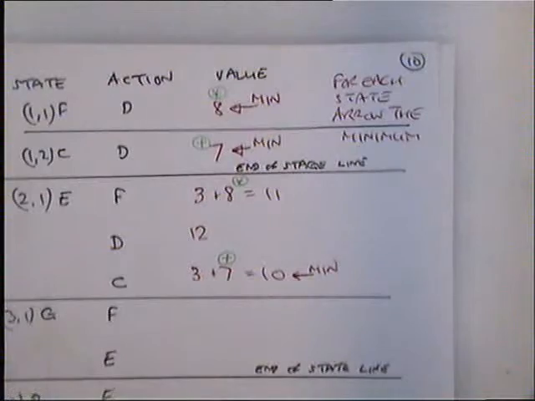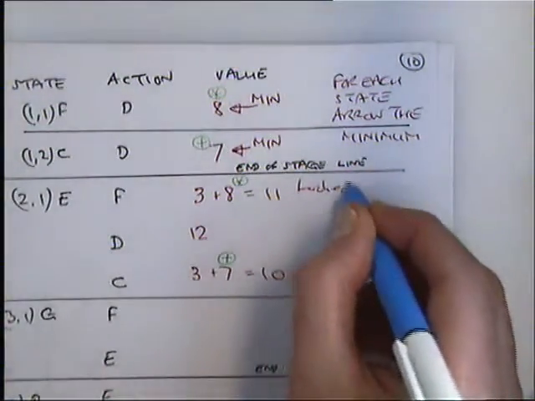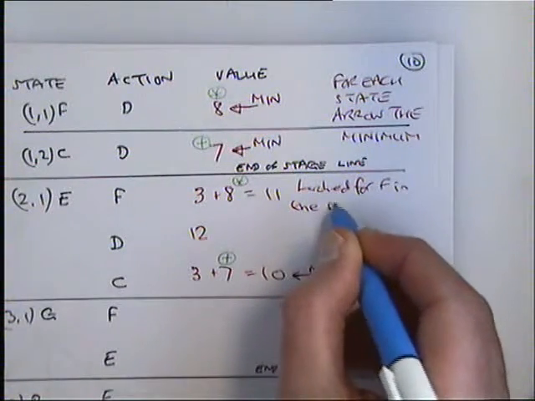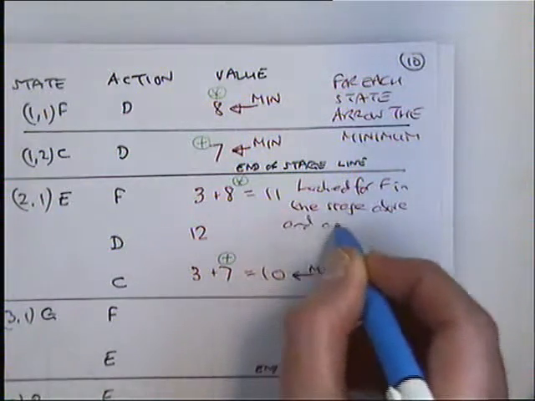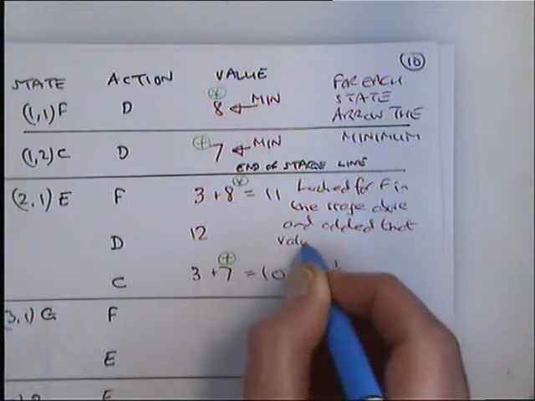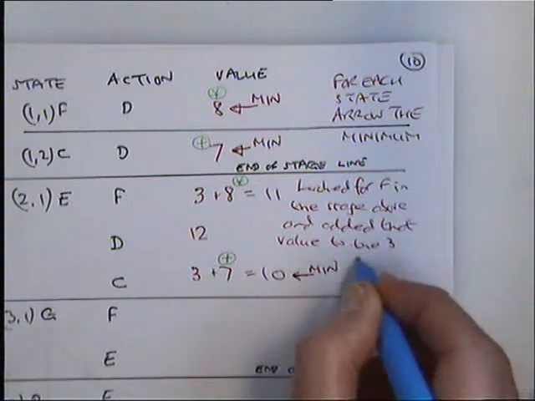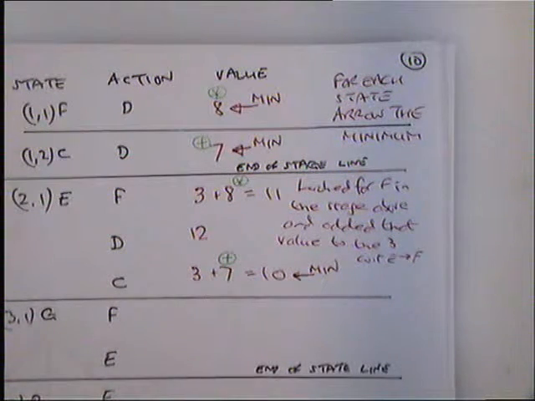And if we can just write down some explanation of what we've done, here we looked for F in the stage above and added that value to the 3, and that 3 was the cost of moving from E to F. And we've now finished stage 2.